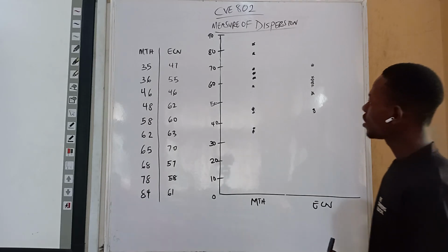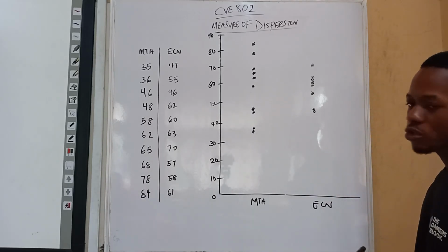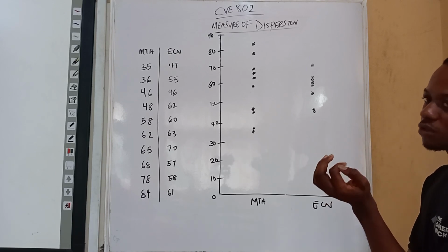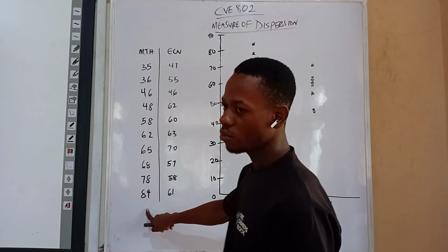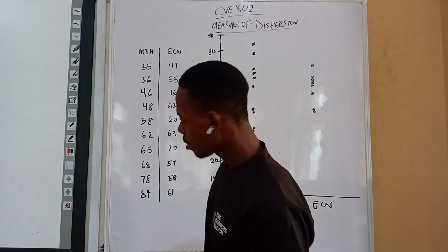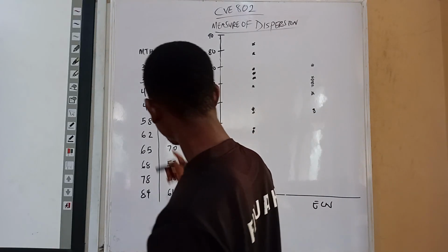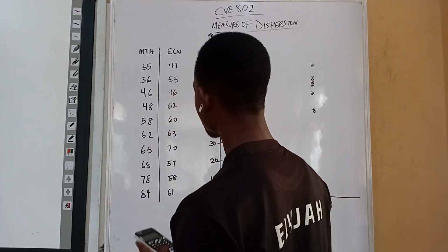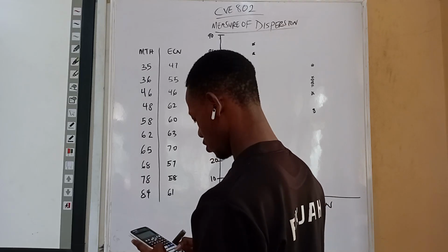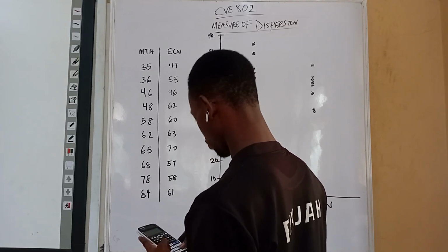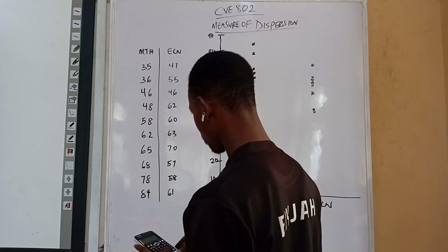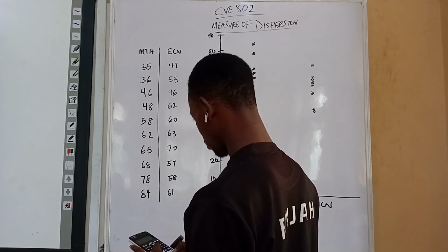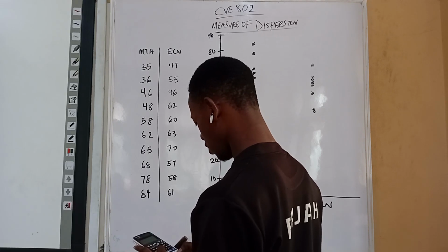It is possible for the two to have the same mean, the same average, but their dispersion is going to be different. If we take the mean of these numbers, we are going to get the same thing. If we add everything here together, 35 plus 36 plus 46 plus 48 plus 58 plus 62 plus 65 plus 68 plus 78 plus 84, it gives us 580.